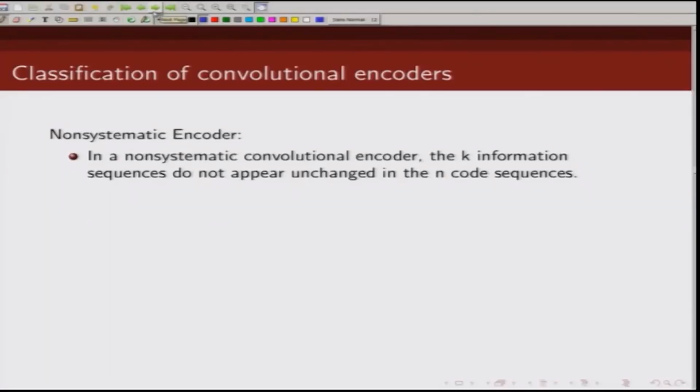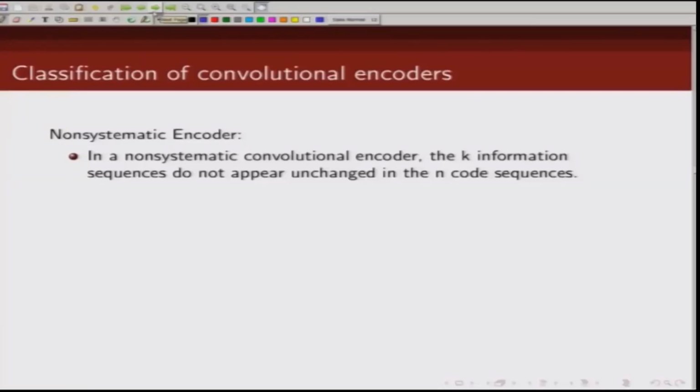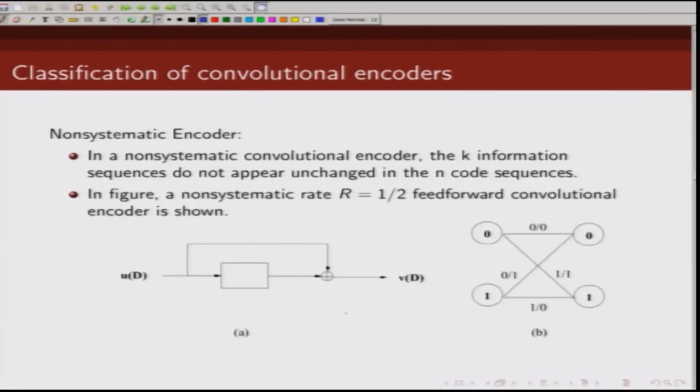As opposed to a systematic encoder, in a non-systematic encoder, we cannot separate out the k information bits from the n coded bits. This is an example of a, one second, I want to make it a rate 1. This is actually, just a typo, this is a rate 1 code, because there is one input and there is one output. This is a rate 1 feed forward encoder. You can see there is no feedback from the output to the input side.